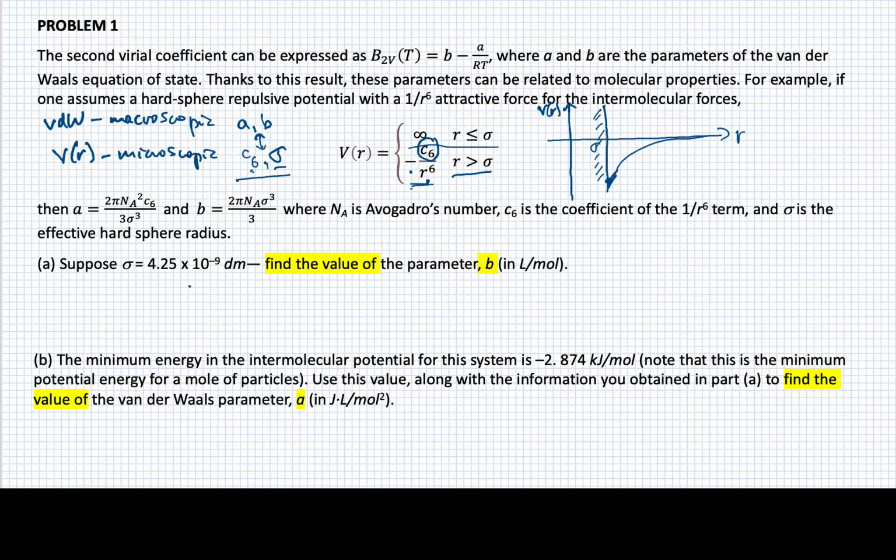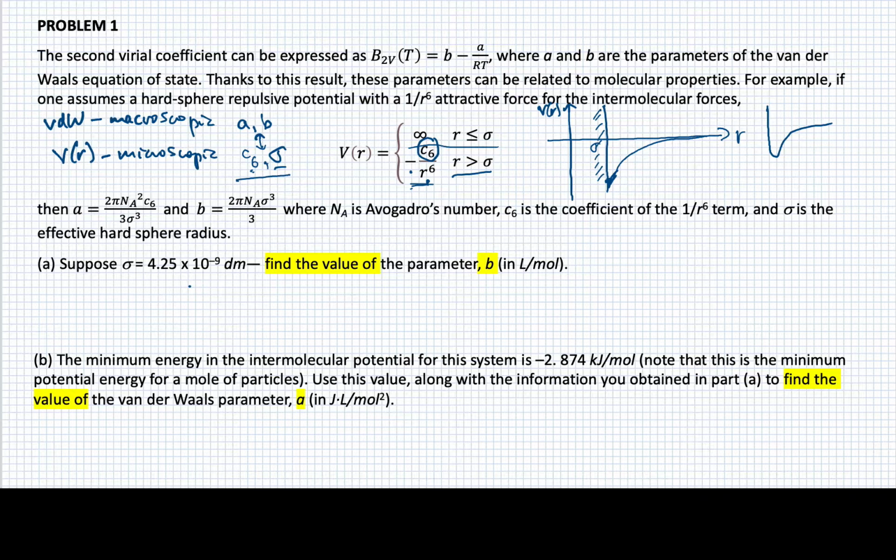Now, admittedly, this is not the potential that you're used to. You're used to seeing something that looks more like that for potentials, but it's a close approximation to it. And by determining these parameters, if you know the van der Waals equation of state, it gives you some idea at least of what this potential looks like in reality. All right, we're actually going to go the other direction though.